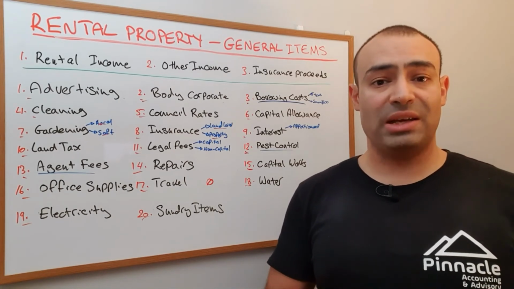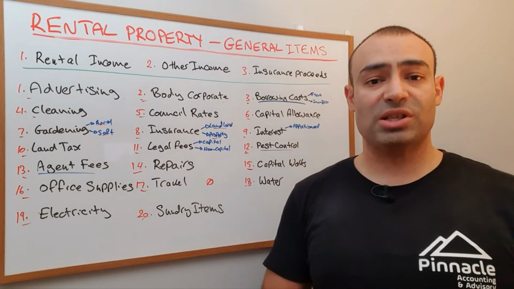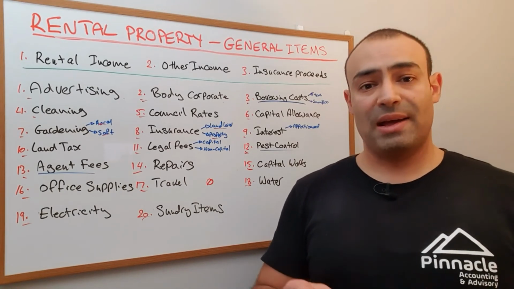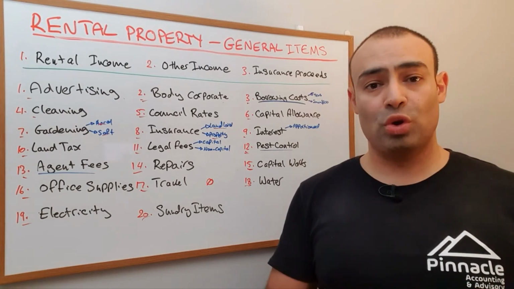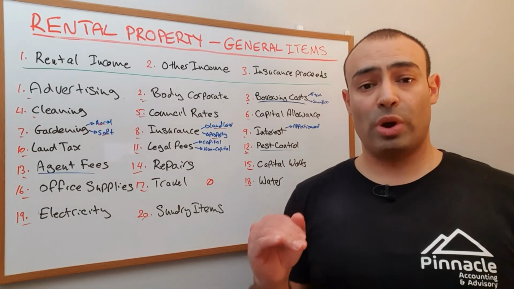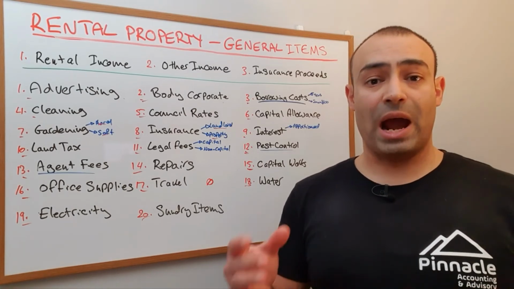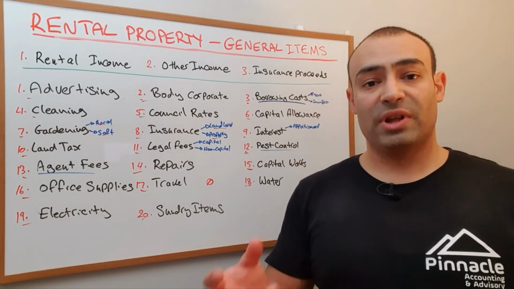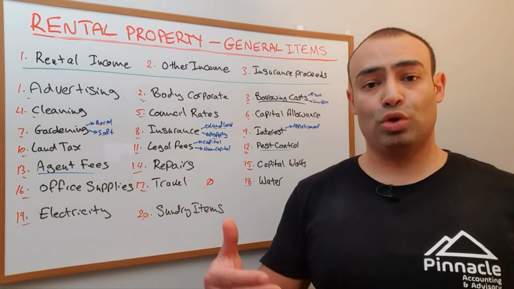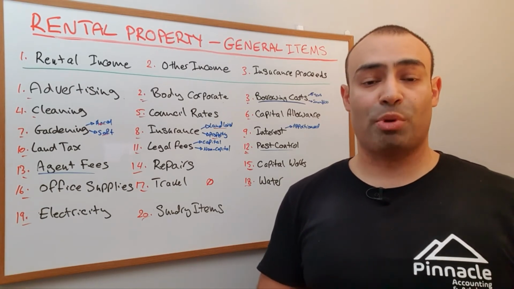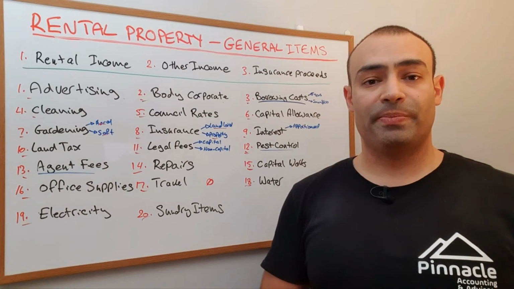We're going to link either in the comments or in this video the videos to depreciation, where we discuss that and how it affects tax and you being able to buy another property sooner.